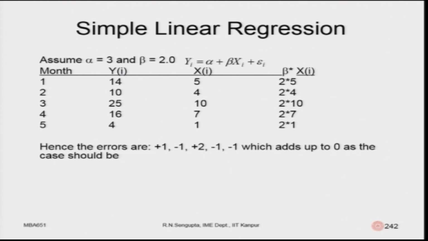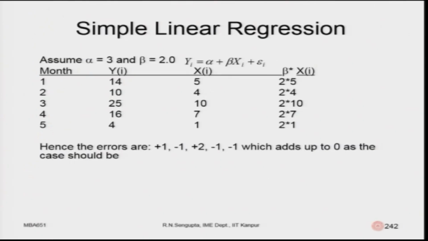In the second case the actual value of y is 10, 2 into 4 is 8, which is beta into x i, plus the value of alpha, which is 3. So, in this case alpha plus beta into x i is equal to 11. So, 10 minus 11 is minus 1. Similarly, you find the values for the first, second, third, fourth and fifth readings.